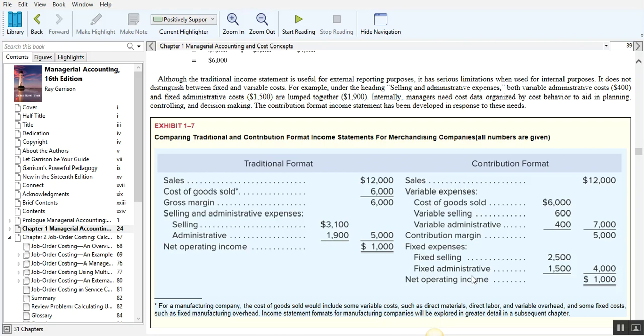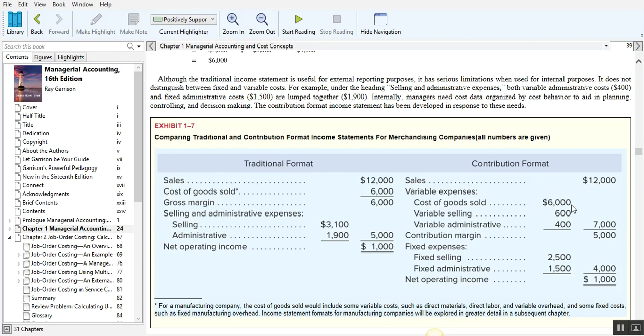However, for some businesses, to evaluate how much overhead a product will absorb, there is this idea of a contribution margin. So we're going to begin with the sales, which we started with, and we're going to list variable expenses.